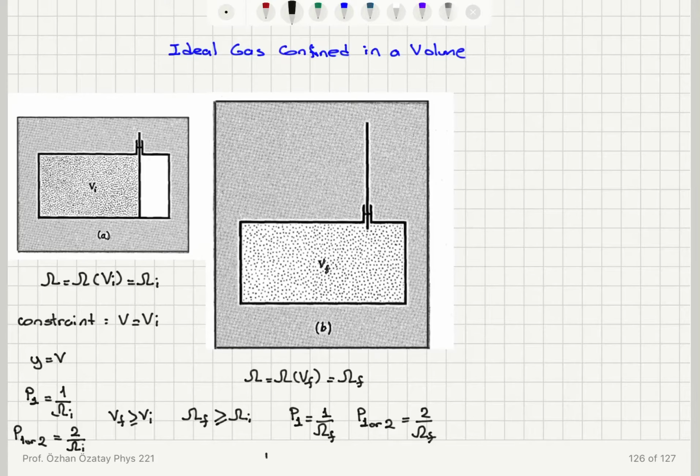If you want the probability of having the first accessible state or second or third, all the way up to the final accessible state, omega final, you will have omega final over omega final, which is 1. That is our normalization condition.